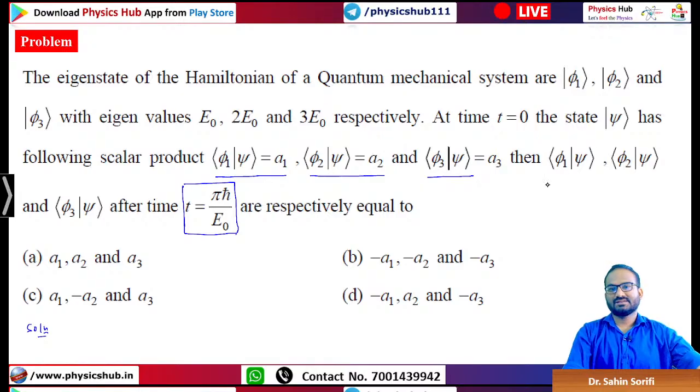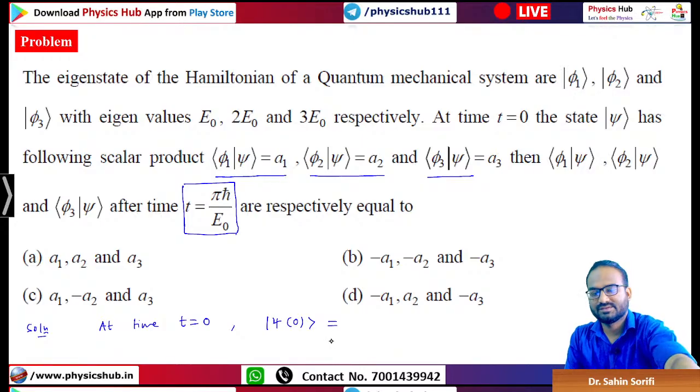So looking at this, we can write that at time t equals 0, we have psi of 0. If you multiply phi 1 with psi, you get a1. Okay, so let's start writing psi of 0.